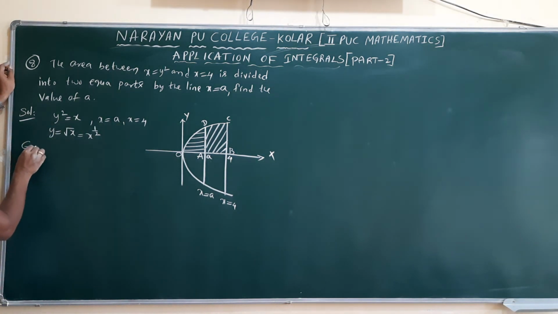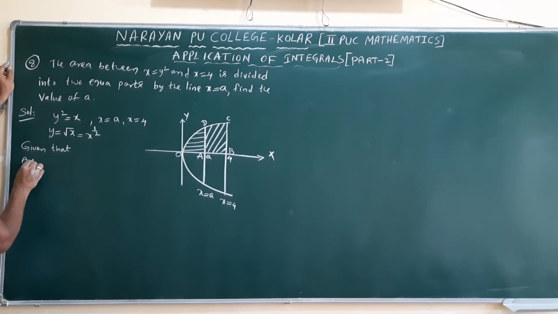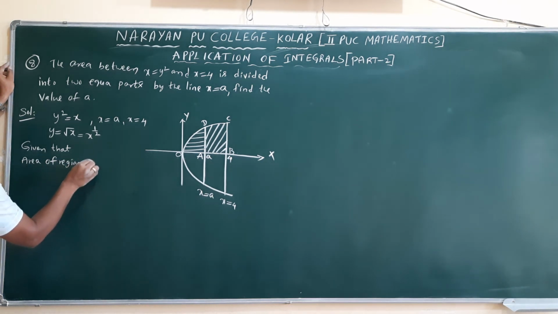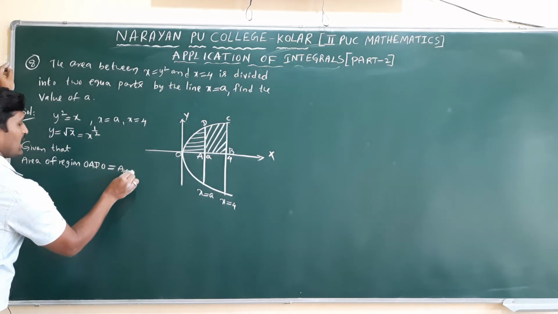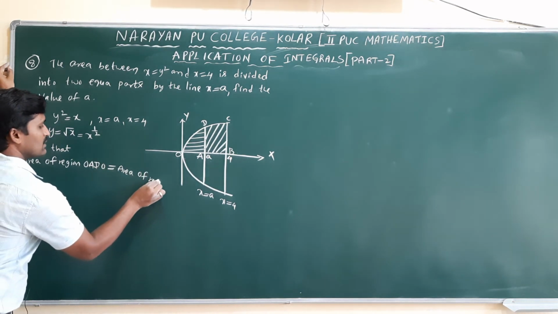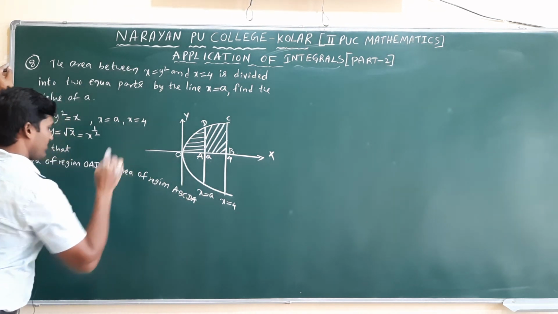Given that area of region OADO equal to area of region ABCDA.